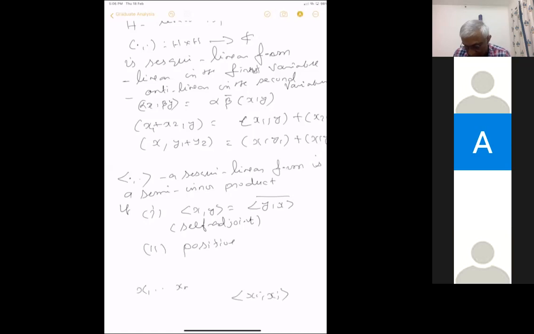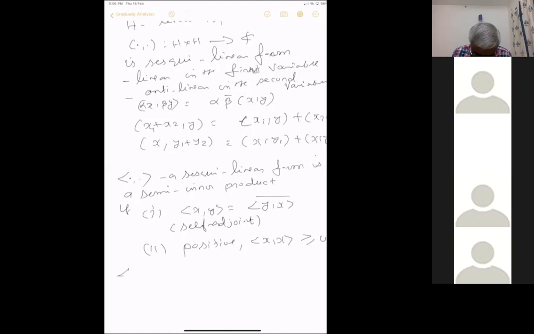It's a complex matrix, and that matrix will be a positive, self-adjoint matrix. That's what these conditions say. We'll come to that later if needed. The positivity condition is (x, x) is greater than or equal to 0. So a sesquilinear form is a semi-inner product if it satisfies the self-adjoint condition and the positivity condition.